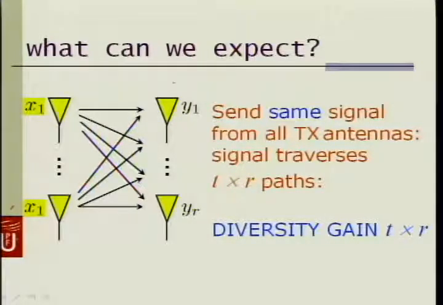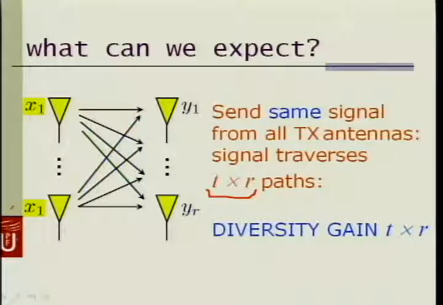That means that the signal traverses this many paths, T times R. So x1, we can find x1 on each one of these paths. Now, under the assumption that the paths are independent, we have a diversity gain, because we observe the same signal through T times R independent channels.